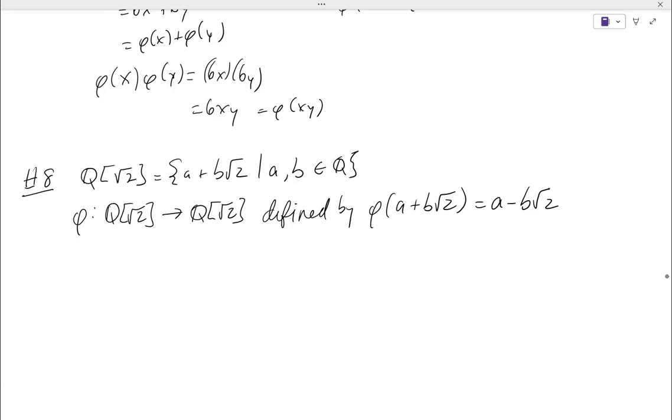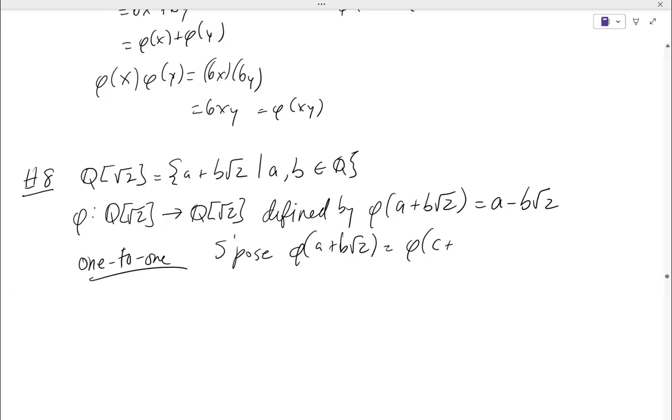We want to show one-to-one. So to show one-to-one, remember again, you assume you have two outputs that are the same. If I start with outputs that are the same, what should happen?